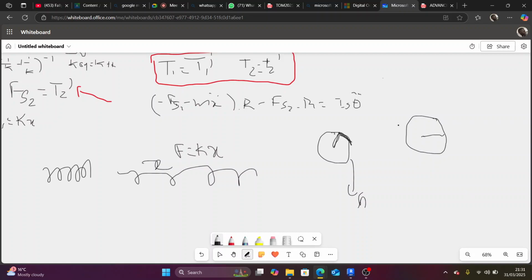When I make the movement, I stretch through an angle. Remember, if this is R, if I move a certain distance, I will still be R. Please pay attention, I will come back to it. The distance that I stretch here is the x created by the spring.